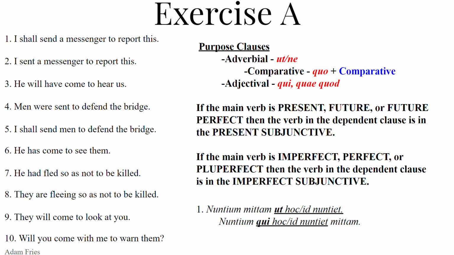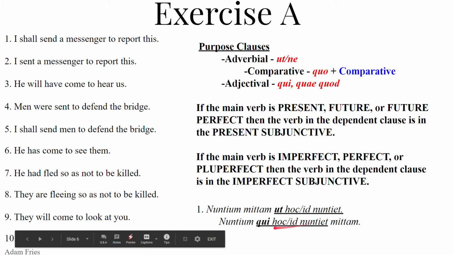Now, if we wanted to do this adjectivally, using a relative purpose clause, qui, quae, quod, it could be something like nuntium qui hoc or id nuntiaret misi. As for word order, I'm putting the adjectival qui, quae, quod clause immediately following the antecedent, because the relative clause should immediately follow its antecedent, as much as you can.